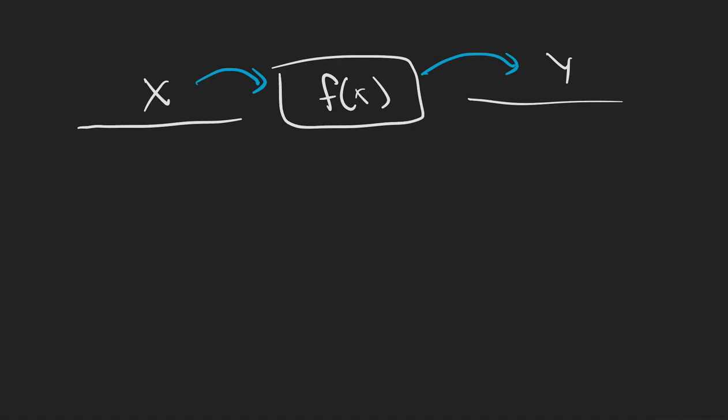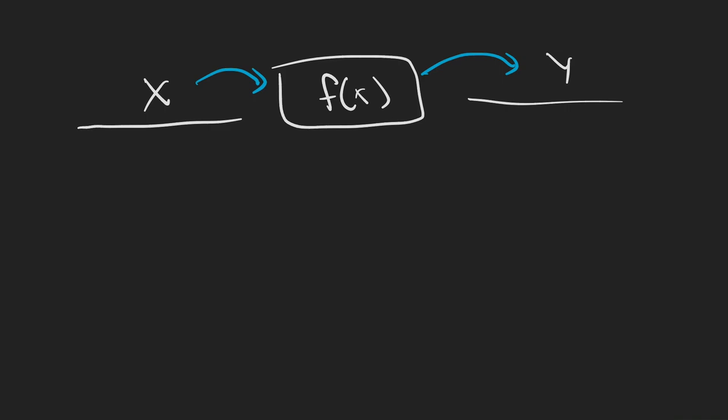The domain is all the allowable inputs that we can put into this box or this machine, while the range is all of the values that we're going to get out of the machine if we put every single input into it.